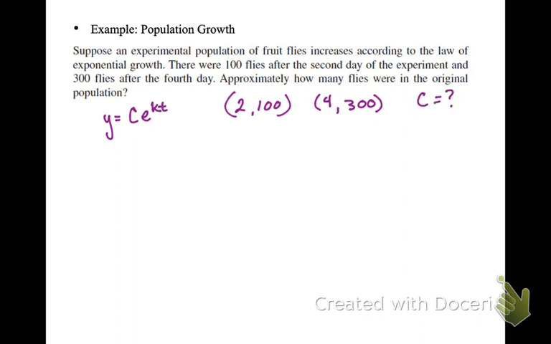So how are we going to do that? I just start plugging stuff in. So we know we have 100 equals C e to the 2K, right? Sorry, 2K, not 2T.